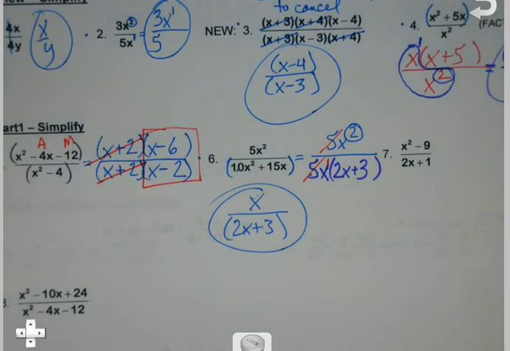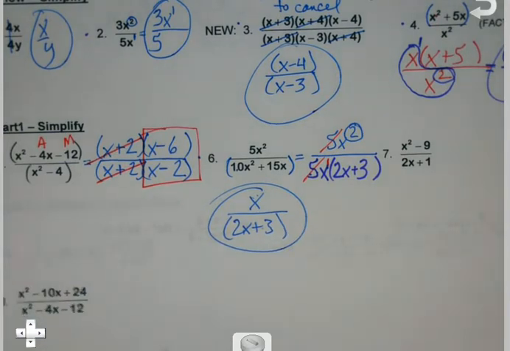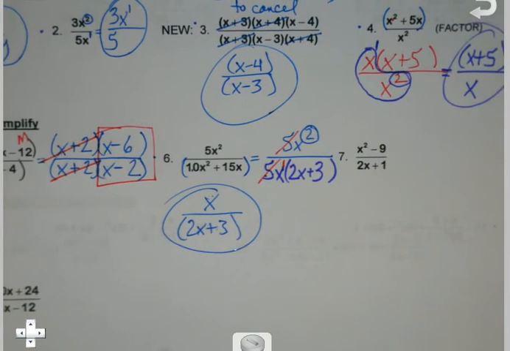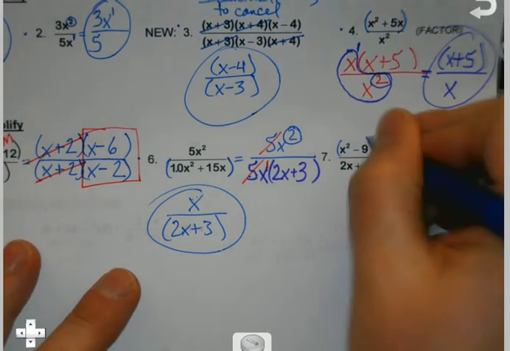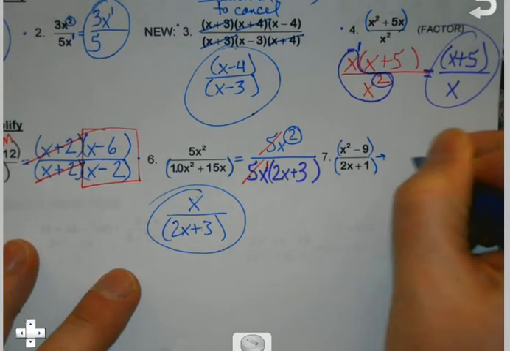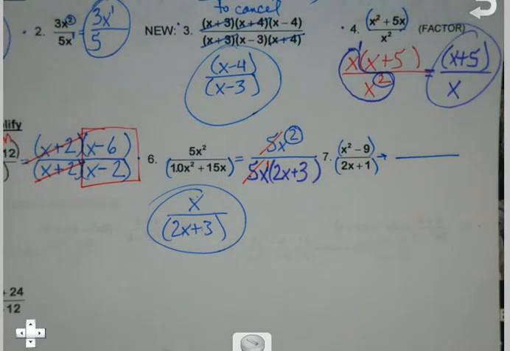Now, at this point, some of you may be sitting there going, okay, so anytime I have to factor, something is always going to cancel out. Not always. For instance, I look at number 7. I'm like, okay, parentheses, parentheses. Can I factor the numerator?